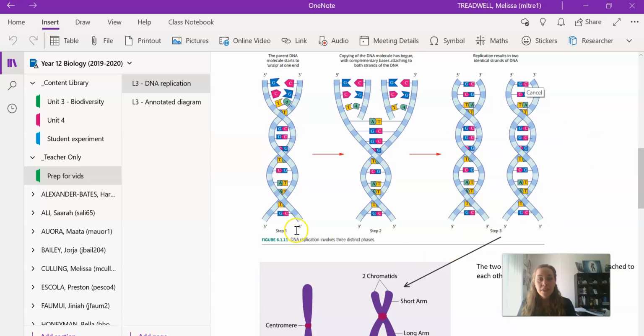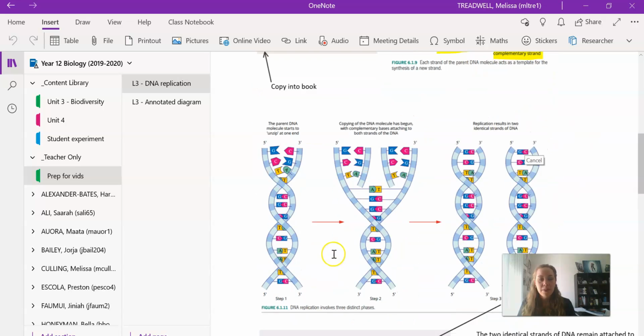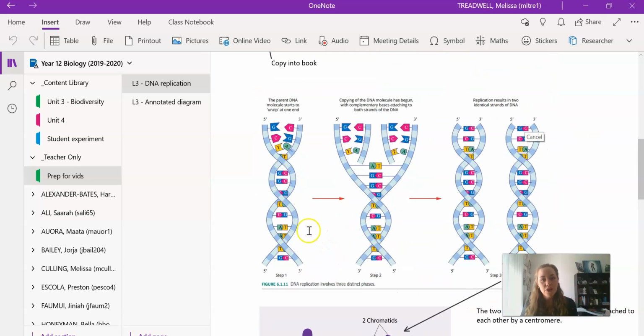Finally, here we've got this picture to represent this in a bit more detail and to remind you of the base pairs. You can see this is our DNA strand, and it is breaking apart. What's breaking apart? It's those weak hydrogen bonds between the bases. As it's splitting, we've got new strands getting built.